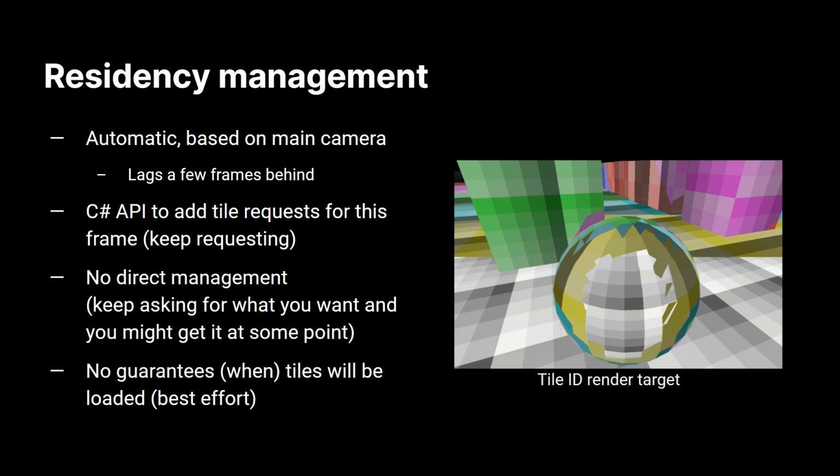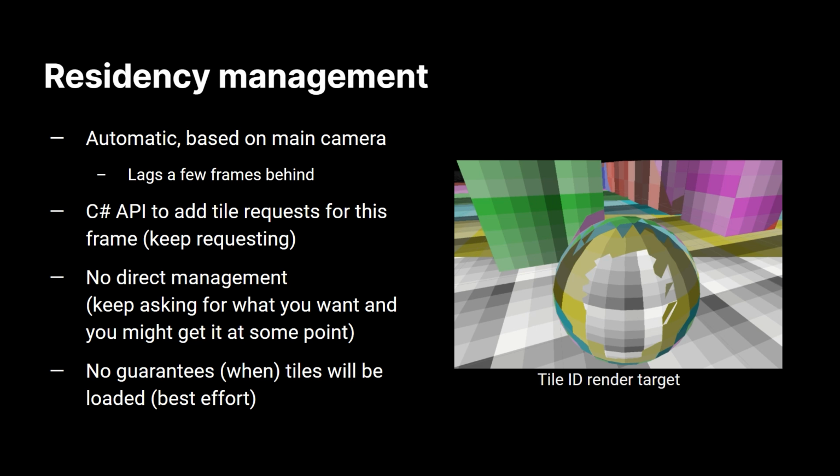But we also added an API to add requests for a frame, so you can actually do some prefetching. If you know some content will be necessary in memory, you can already request it. That means you can request specific areas of textures, or entire textures, and make sure they are already in memory before they become visible. The thing to remember is this is not direct management.